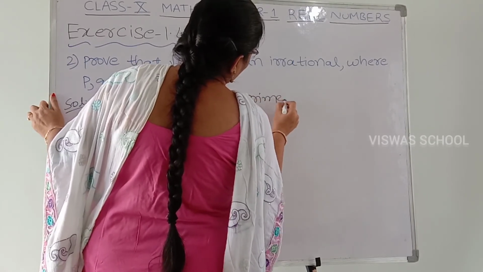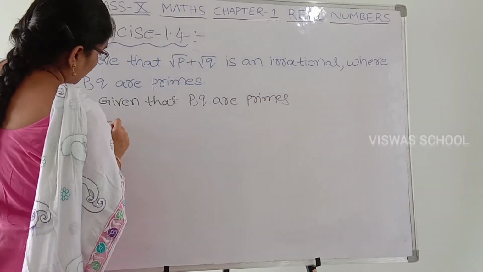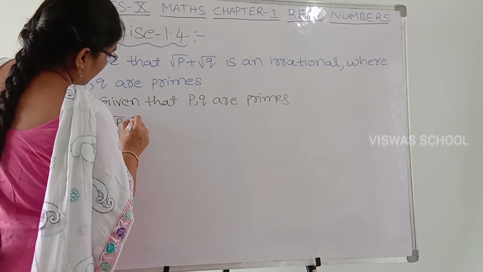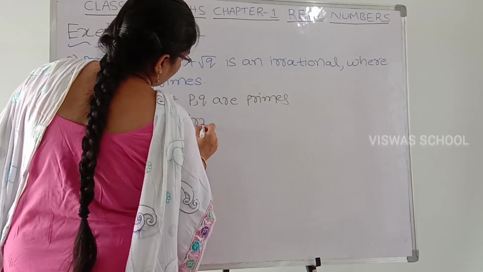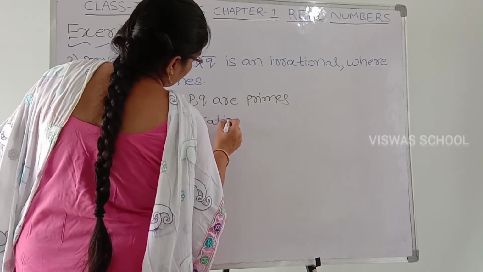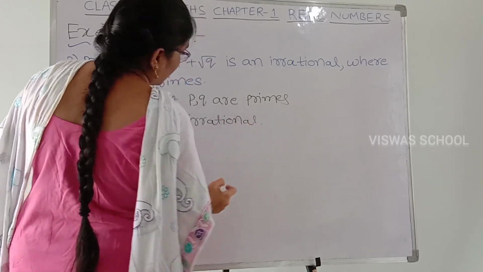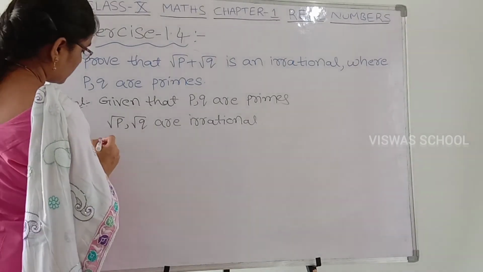If P and Q are primes here, then root P and root Q are irrational numbers. Root P and root Q are irrational.